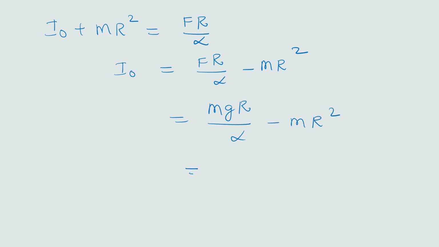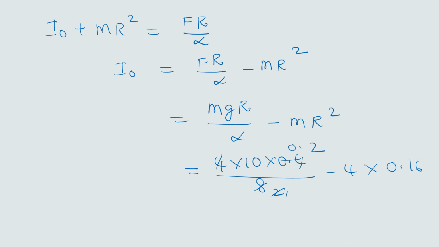Now substituting values: 4 into 10 into 0.4 over alpha 8, minus 4 into 0.16. So 4 ones are 4, 4 twos are 8, 2 ones are 2, 0.2. So that is equal to 2 minus 0.64, 16 fours are 64.